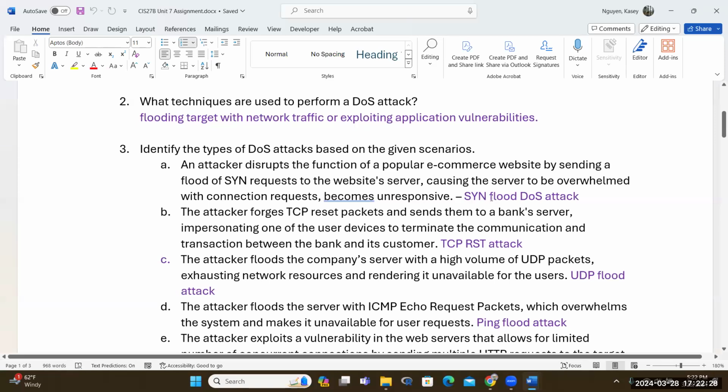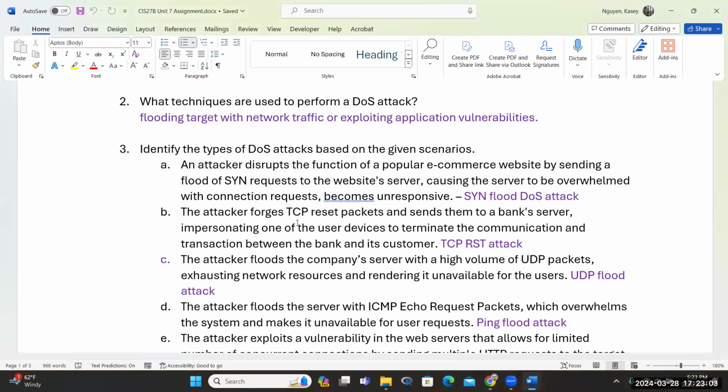Okay. For 3B, if they forge reset packets, so they're crafting the packets, and then they generate that packet and send it to a bank server. This allows them to impersonate a user or a system for transactional purposes. So what that means is the attacker sends a fake packet to the system, and they also need to spoof and also terminate the legitimate user communication.